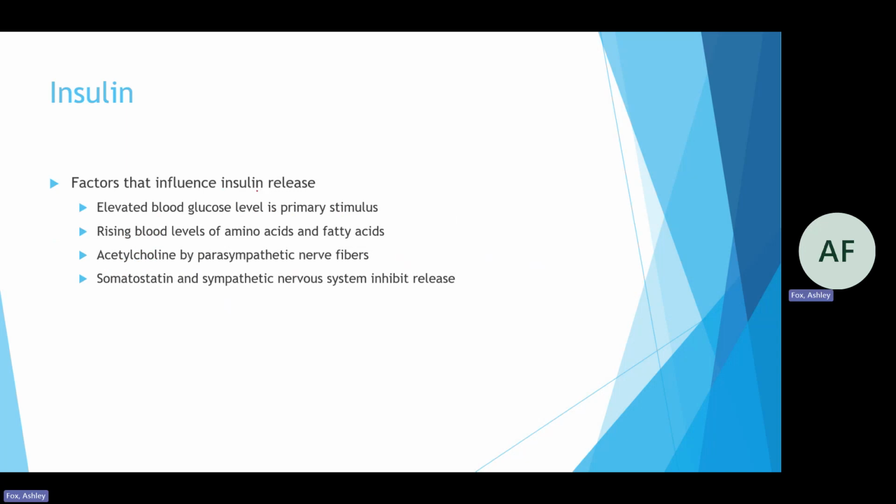So for insulin release, the primary trigger is that your blood glucose level is high. Blood glucose level is high, insulin's going to decrease it. That's the point. You can also see stimulation by increased fatty acids and amino acids. So say you eat a meal that's high in fat and protein.